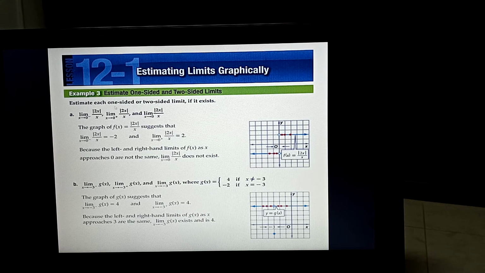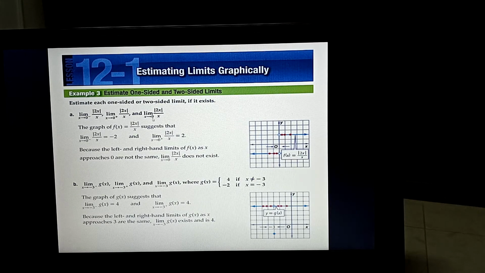Now he is also asking me to find the limit of the absolute value of 2x over x when x approaches 0 from the right. Is the limit from the left equal to the limit from the right? If they are equal to each other, it means I have a limit at this point.